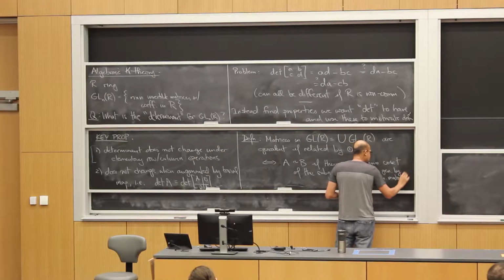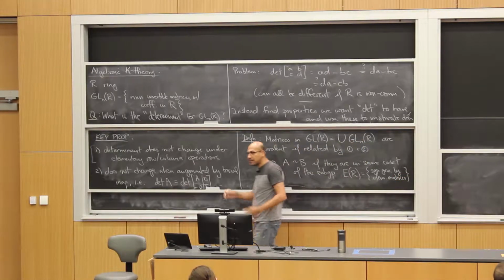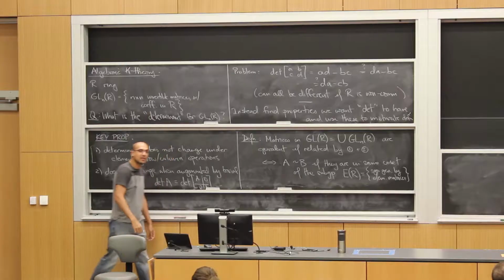Elementary matrices are matrices that have one on the diagonal and a single non-zero entry off of the diagonal.